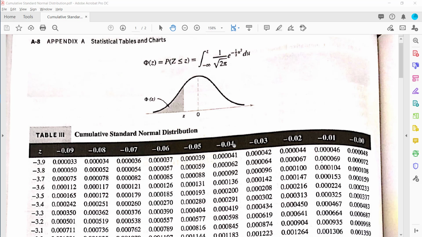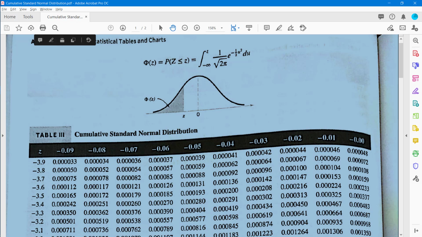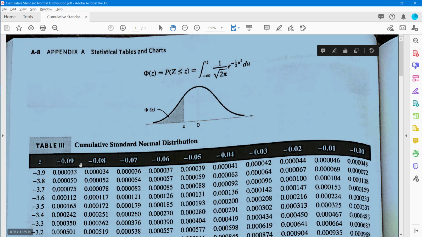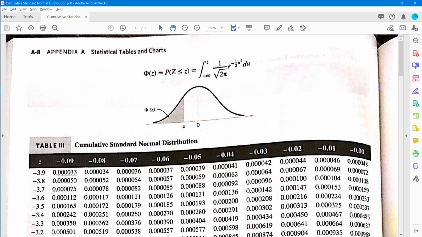What I have in front of me is the cumulative standard normal distribution table that is available in the back of the book, Appendix A. The table tells you the area under the curve for given standard normal values. The first value is the area under the curve when the standard normal value is equal to minus 3.99.